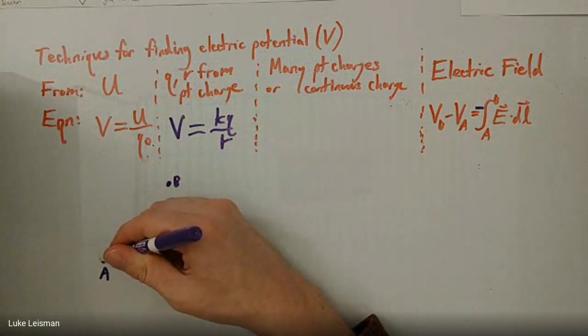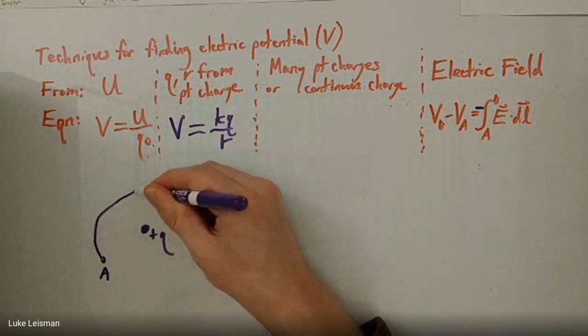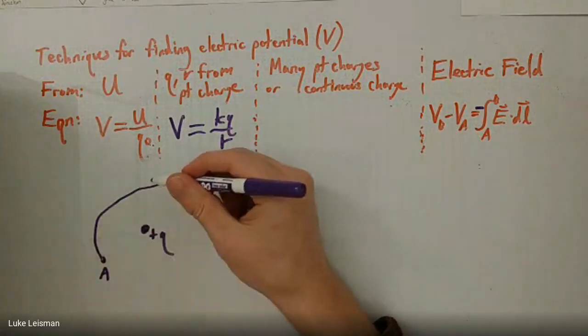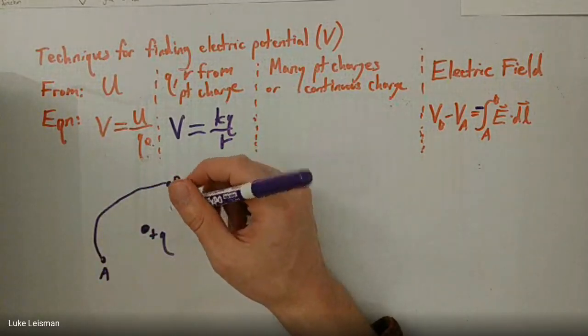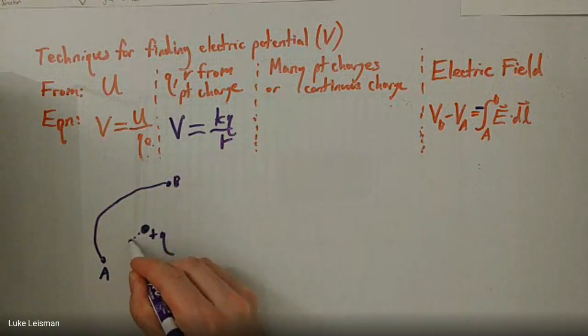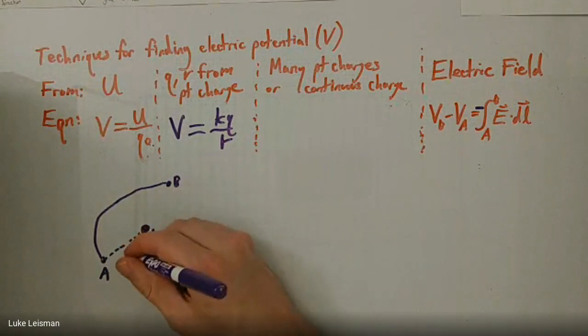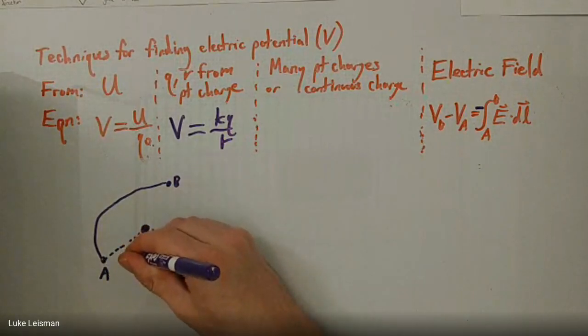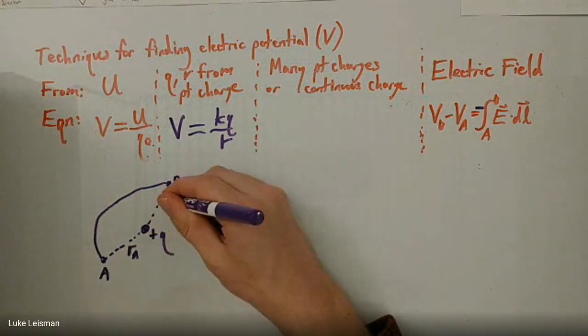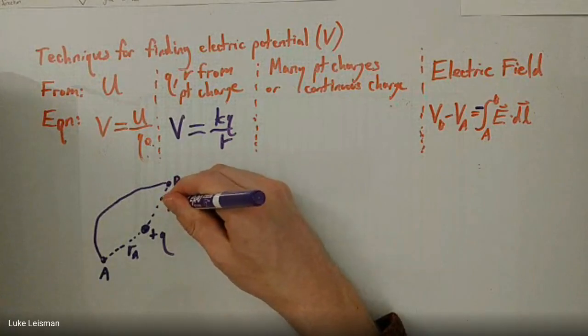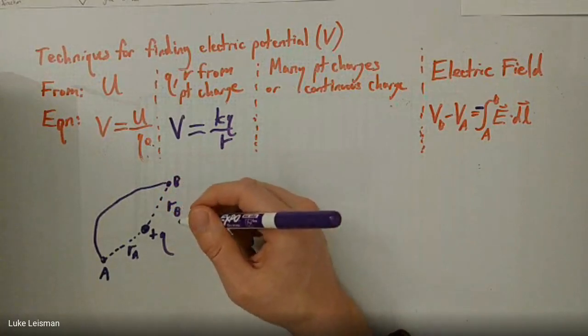We're going to wander and take some path from A to B. Now A is going to be some distance away from that positive point charge. We'll call that distance r sub A. And B is going to be some distance away. We'll call that distance r sub B.